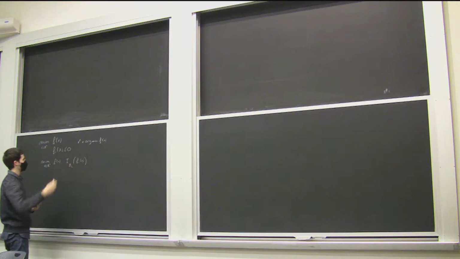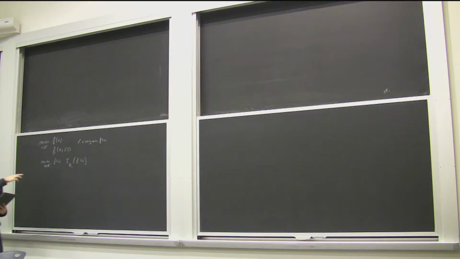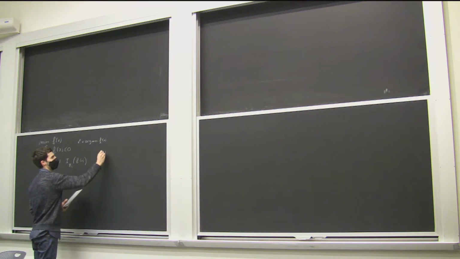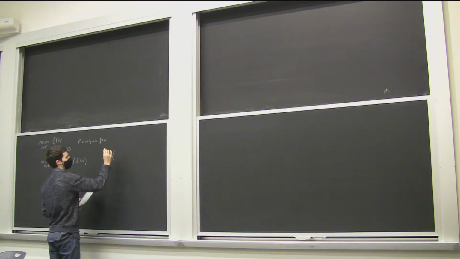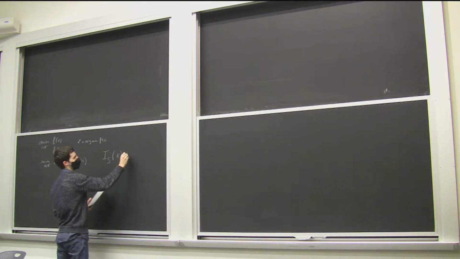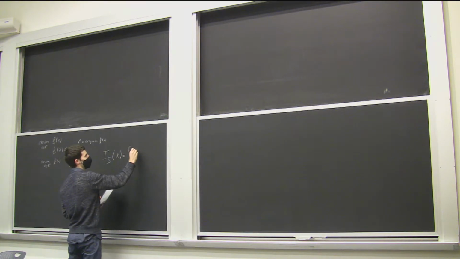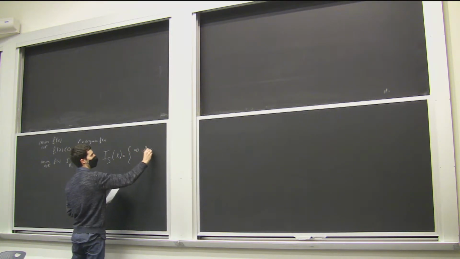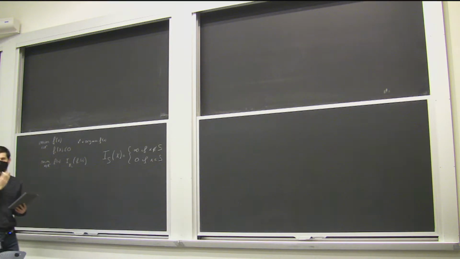Here the indicator function of a set S is defined as being equal to infinity if x is not in the set, and to 0 if x belongs to the set. So you could somehow rewrite it like that. This is not a fundamentally crazy idea, but you could do it.